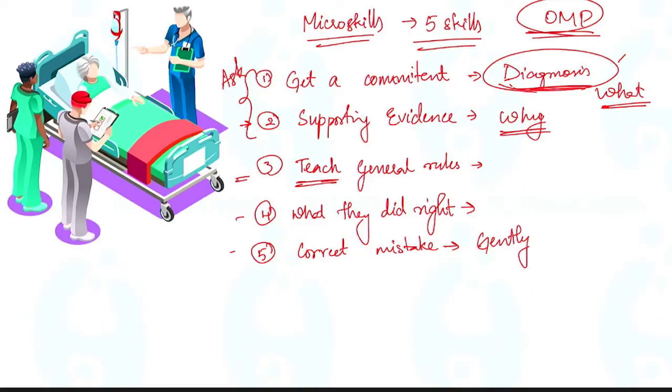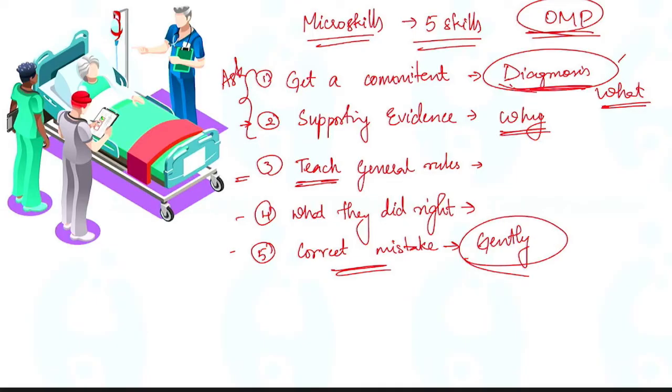A child with upper respiratory tract infection can have otitis media also. Unless we have examined the ears, we cannot rule out otitis media entirely. Thereby we are correcting the mistake gently. Gentle is the keyword here. We have to remember that.